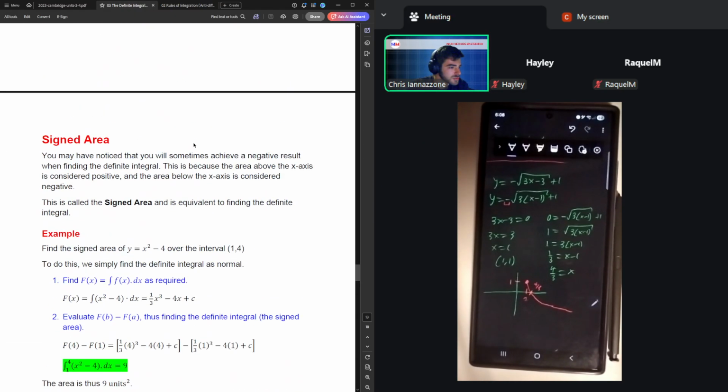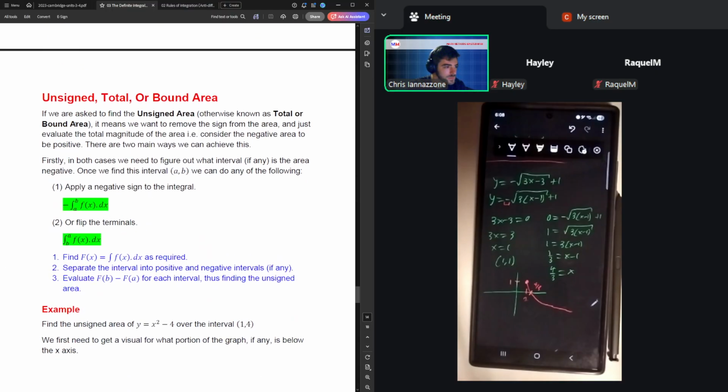Unless it's in the textbook, they'll only really ever use signed area in the textbook. Pretty much every other time they're referring to area, they are referring to it in the unsigned, total, or bound area terminology. In all of those cases, it's your job to interpret all area as positive.